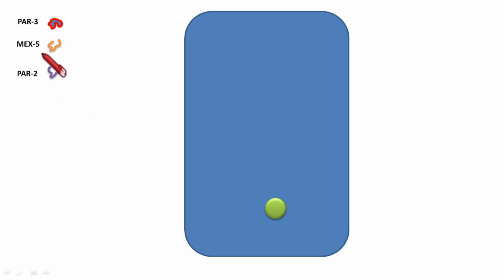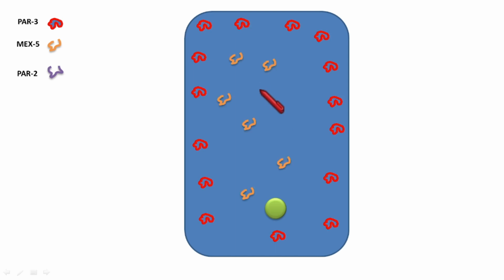Mainly two different types of PAR and one MEX protein are involved here. This is the C. elegans egg. We can see the female pronucleus here. Before the time of fertilization, the cortex of the cytoplasm is filled with PAR3 protein, and the inner side of the cytoplasm is covered by MEX5 protein.